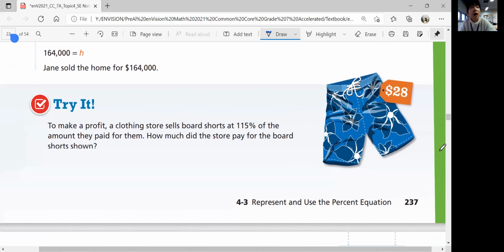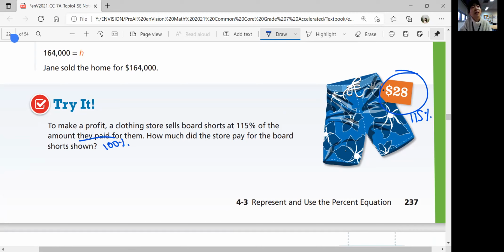Okay, to make a profit, a clothing store sells board shorts at 115% of the amount they paid for them. How much did the store pay for the board shorts shown? So we already know that this price tag is 115% of the amount they paid, which is 100%.